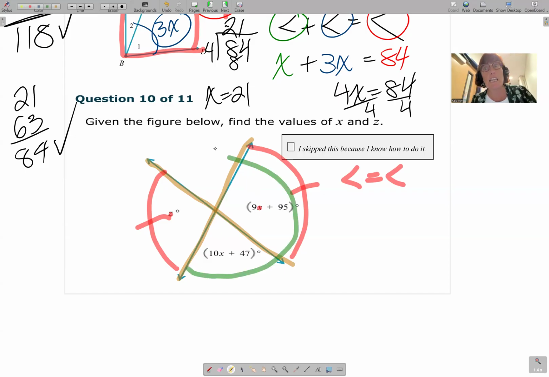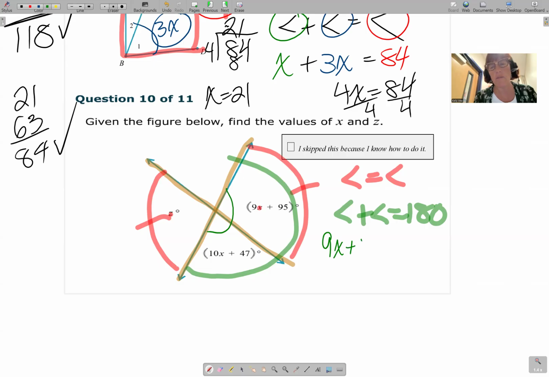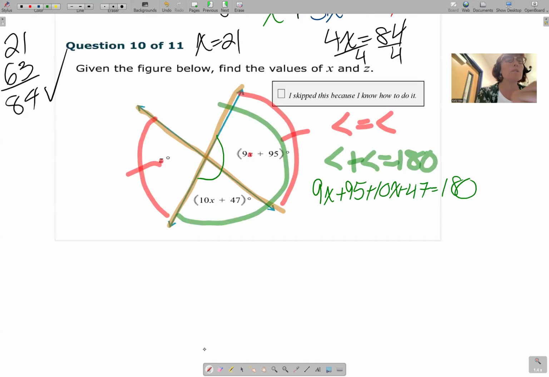That's a linear pair, share a spine, make a line, and that is angle plus angle equals 180. So you ask which one gets you only one variable. In this case, it's the linear pair. So you would do 9x plus 95 plus 10x plus 47 equals 180. Now you solve with your algebra skills.